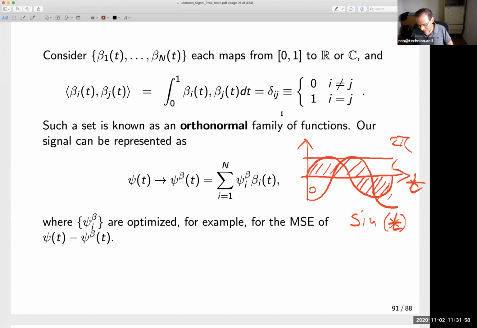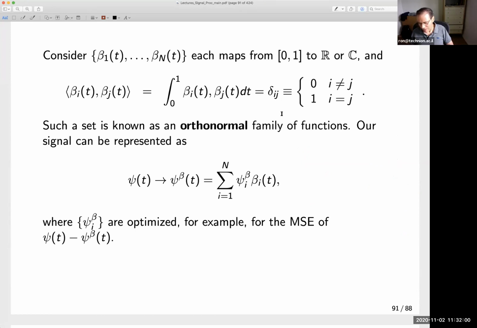Okay, and there are obviously an infinite number of functions like that. So you can find functions like that. Let me give you a trivial example. If, for example, I'm taking my 1 functions, so this would be the first function, the second function would be this one, the next one would be this one.